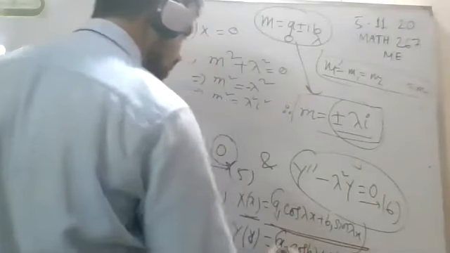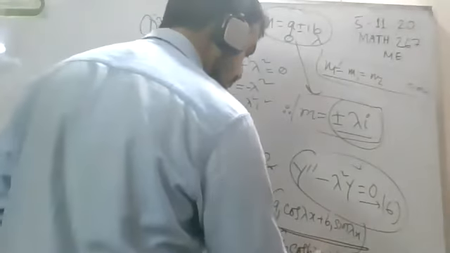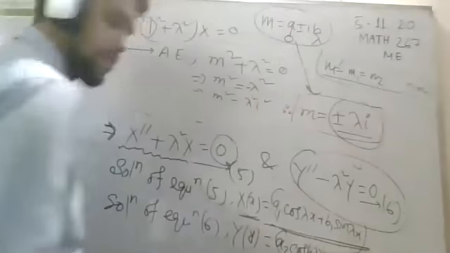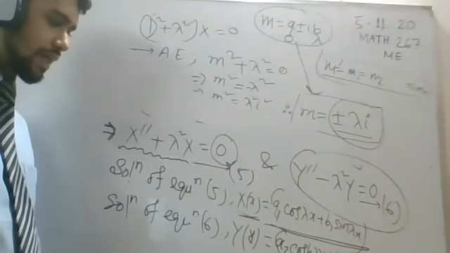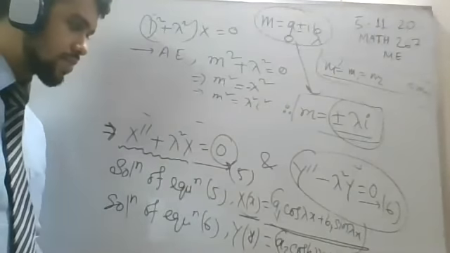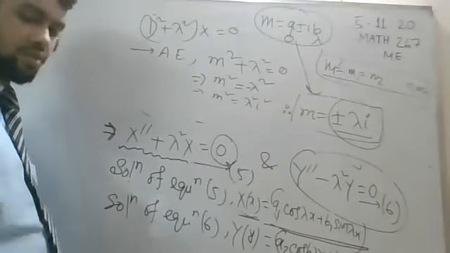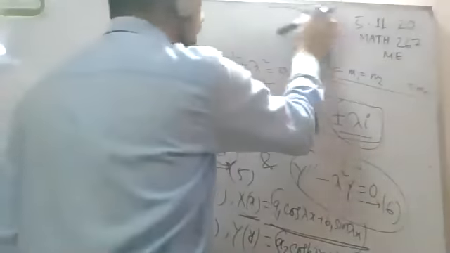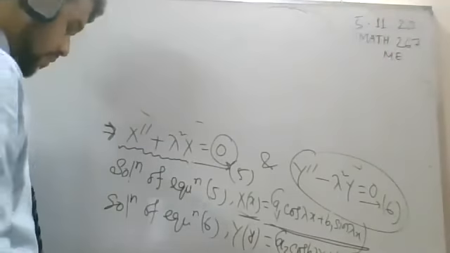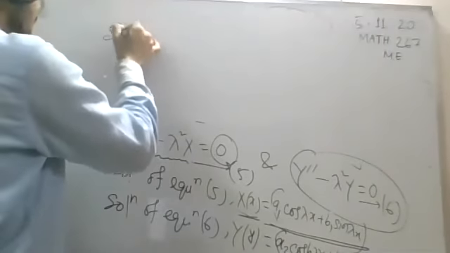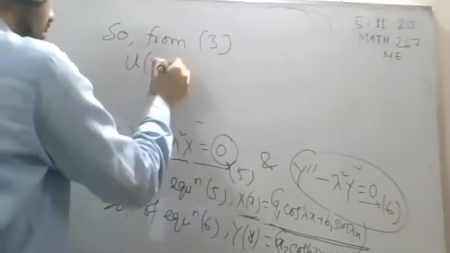Okay, so this will be the solution of the equation. Here it is y. So this is the solution of equation 6, where Y equals a2 cos hyperbolic lambda y plus b2 sin hyperbolic lambda y. Okay, now I'll just put those values in equation 3. You can get X(x), Y(y).